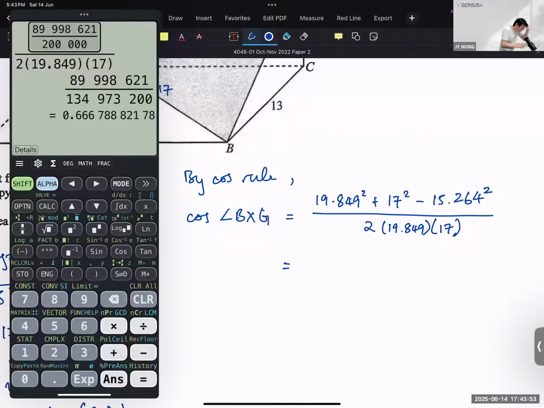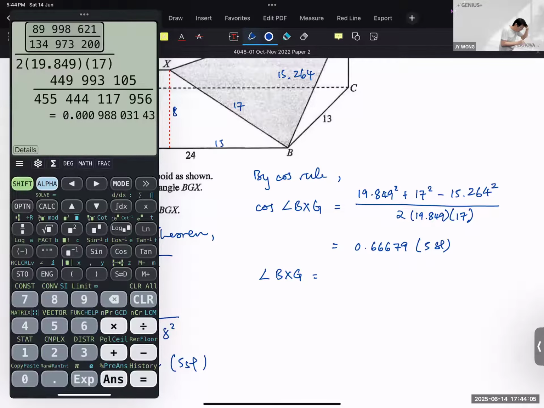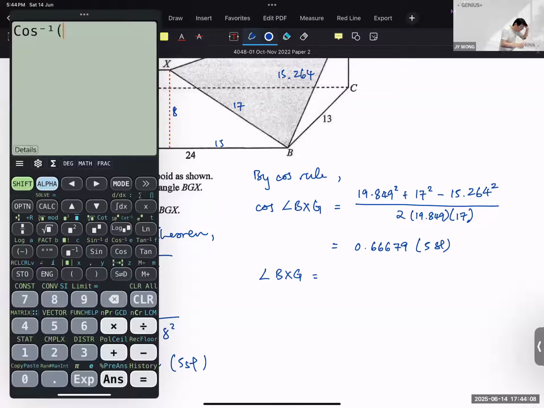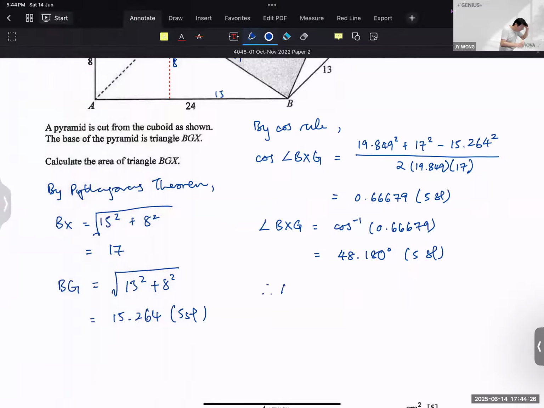So you will get this is equal to 0.66679 in 5 SF, and therefore angle BXG is equal to cosine inverse 0.66679, which will give you 48.180 degrees, again in 5 SF first.